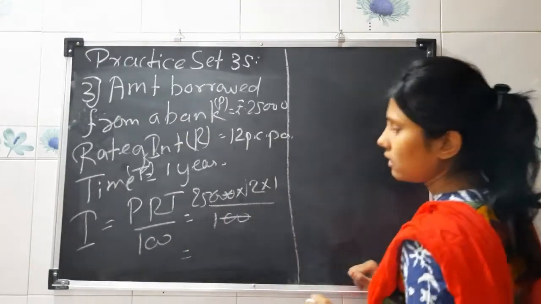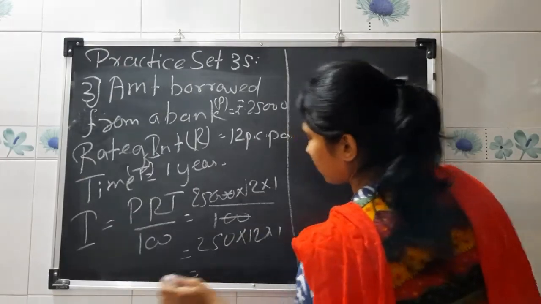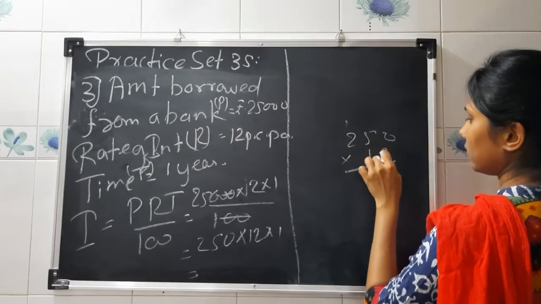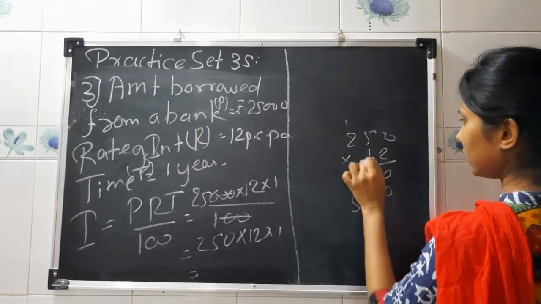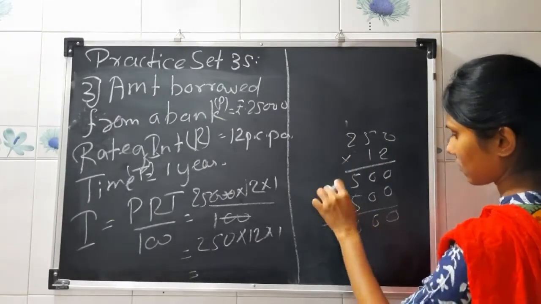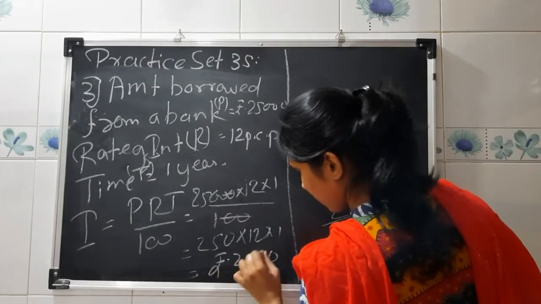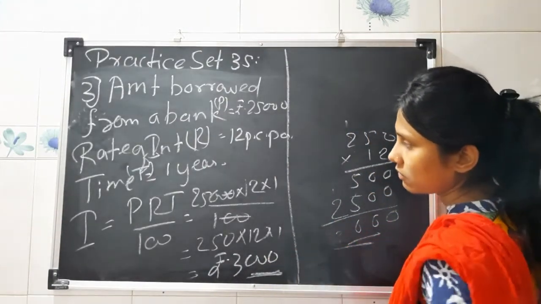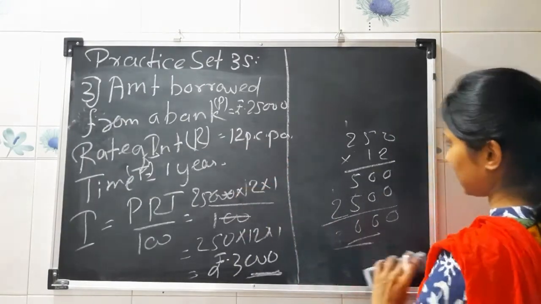So 250 into 12 into 1. So rupees 3000 is the interest which is charged by the bank as per this 12% per annum.